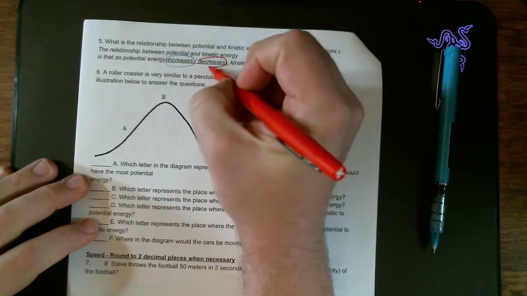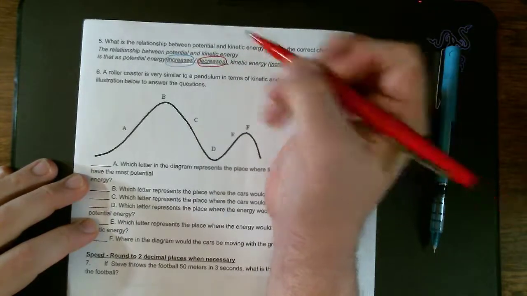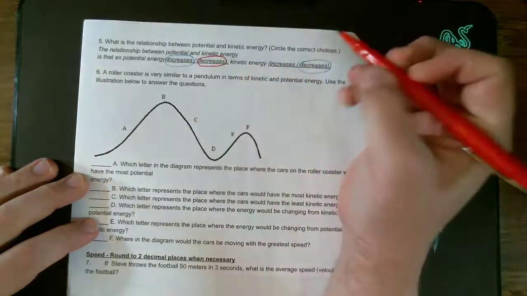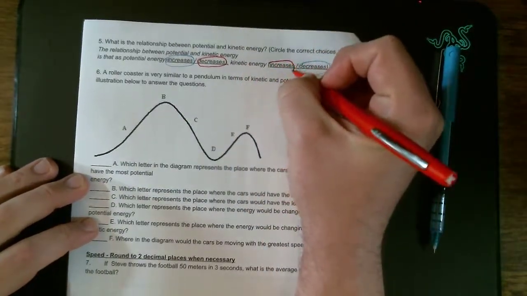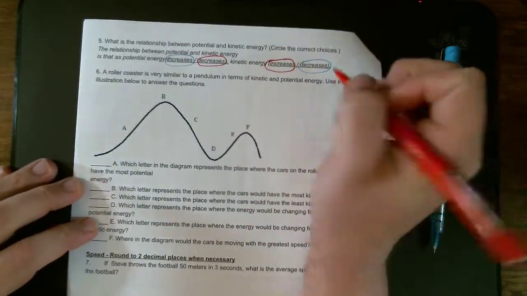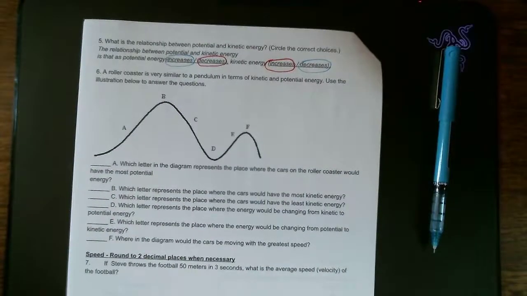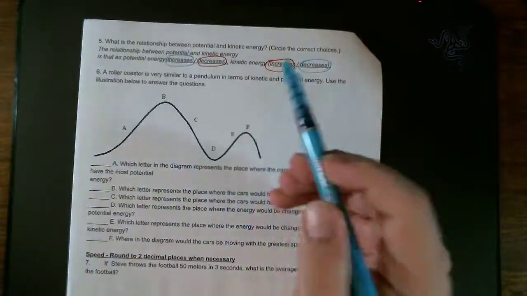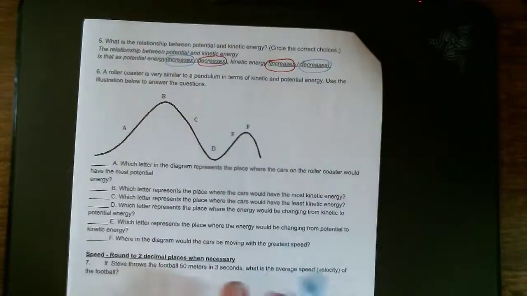Decreases. If potential energy is decreasing, meaning we're going down the hill, that means that our kinetic energy increases. So either combination would actually work. All right. So as long as you have the correct pair, you have this question correct.